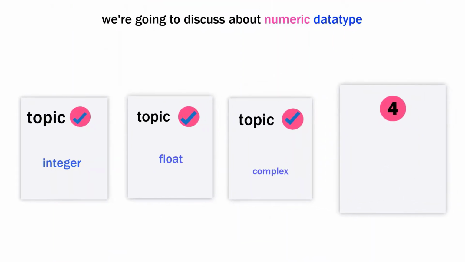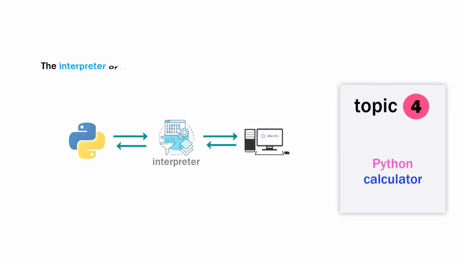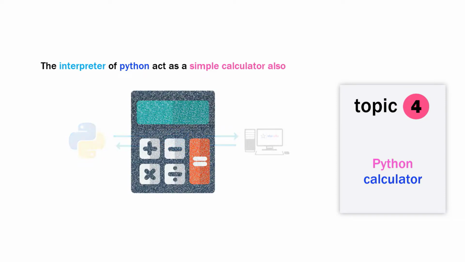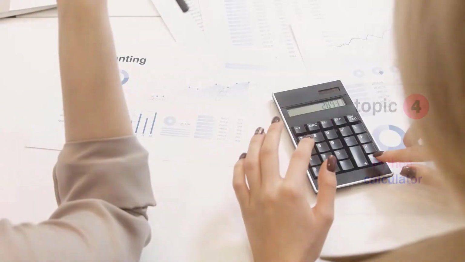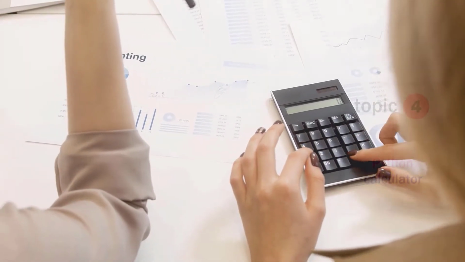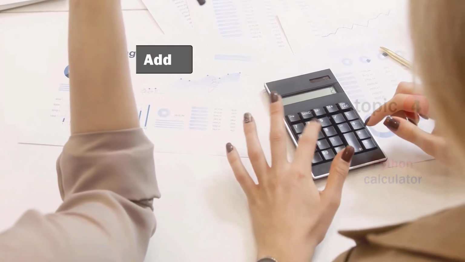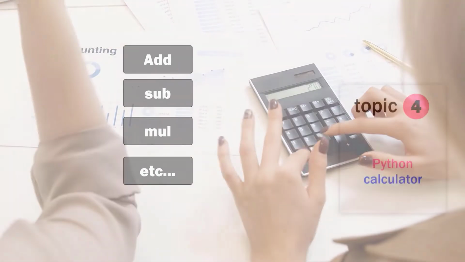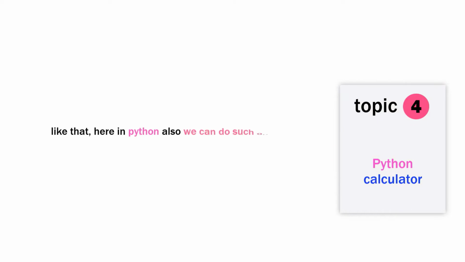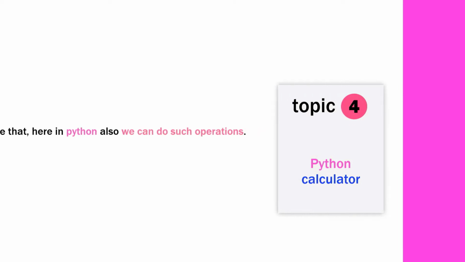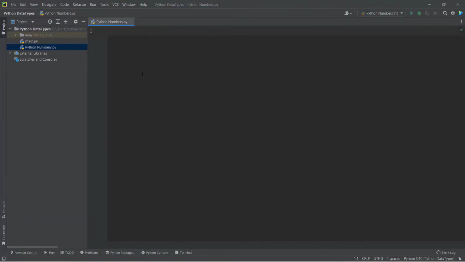Now the fourth topic is using Python as a calculator. The interpreter of Python acts as a simple calculator also. When we use a normal calculator, we can do mathematical problems like addition, subtraction, multiplication, etc. Like that, here in Python also we can do such operations. Example, here I am gonna add two numbers with the plus symbol, like 5 plus 5.0.